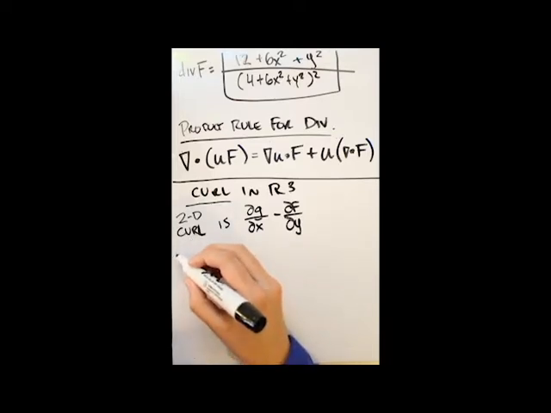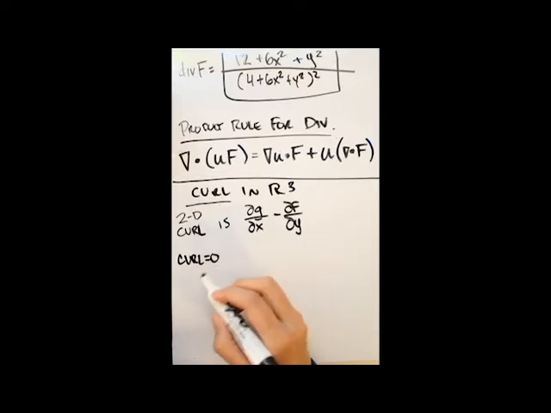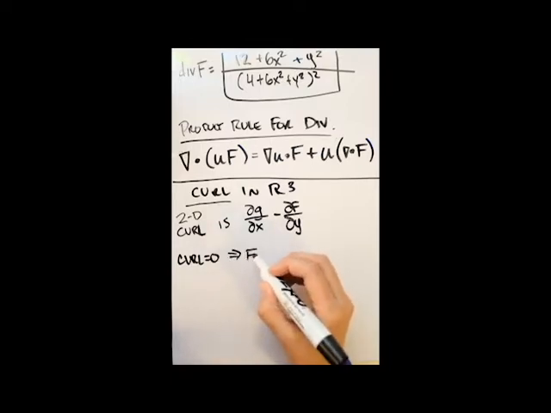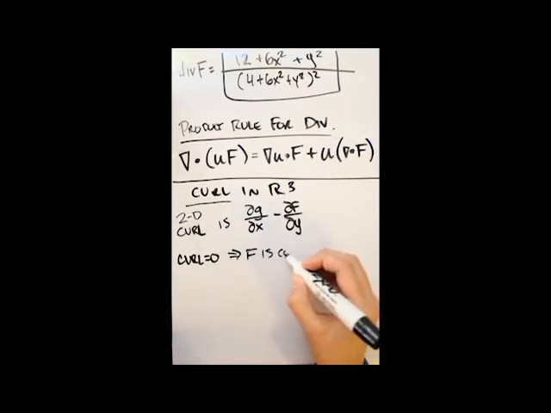Now remember, if the curl was equal to 0 throughout our simply connected region, then that meant that f was irrotational, or because of the simply connected region, it was conservative. So f is conservative.